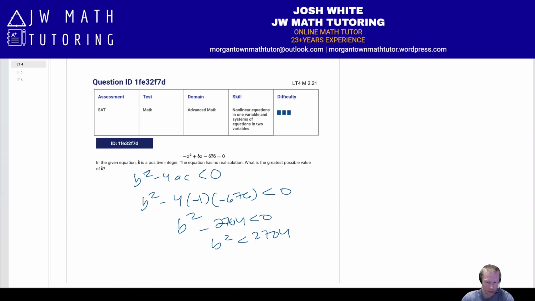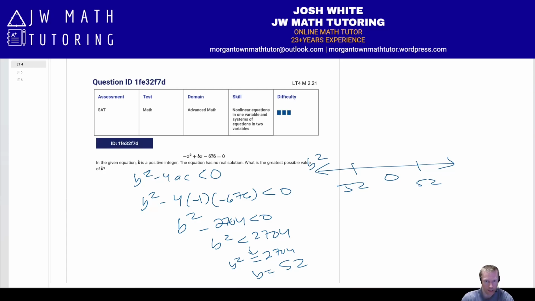Technically, the way you solve a quadratic inequality is you have to replace this with an equal sign and use that to get your critical points. In other words, square root both sides, and b is going to equal 52. And then you make a number line. All right, so basically now, when you plug in values for b squared, you're looking for, is it less than 2704 or is it more?